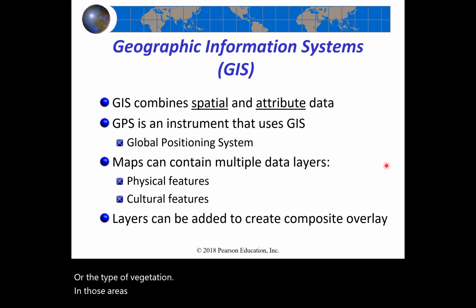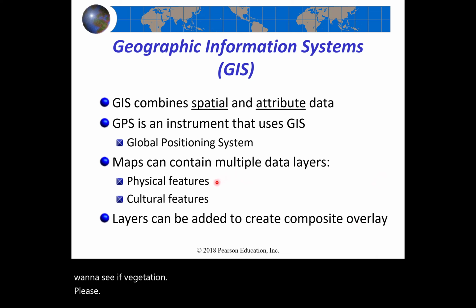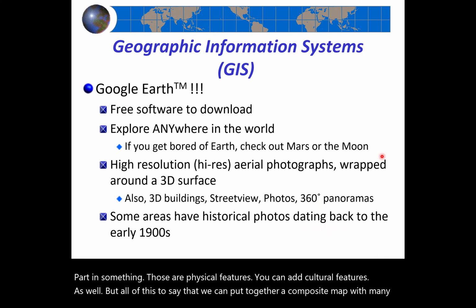Because, where do mosquitoes live? Not everywhere. So we might want to see if vegetation plays a part in something. Those are physical features. You can add cultural features as well. But all of this to say that we can put together a composite map with many of those layers on top of each other.